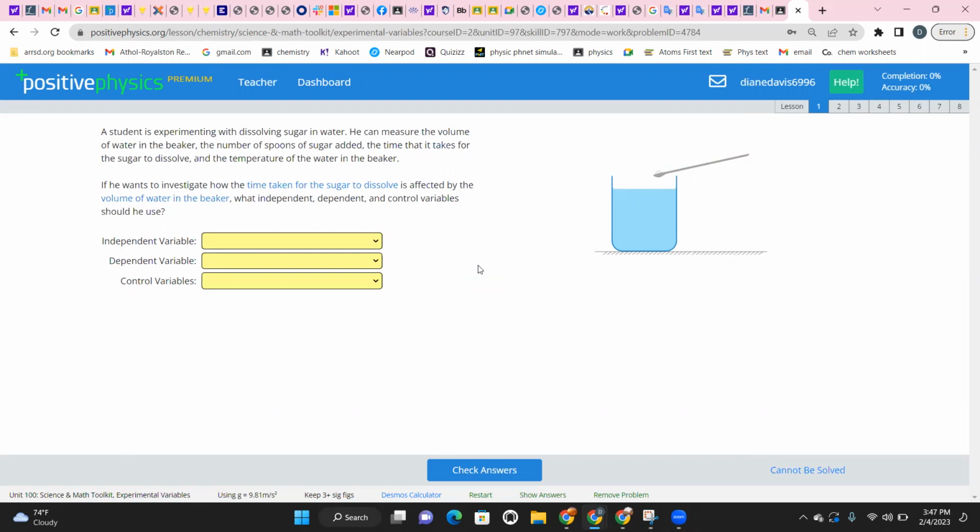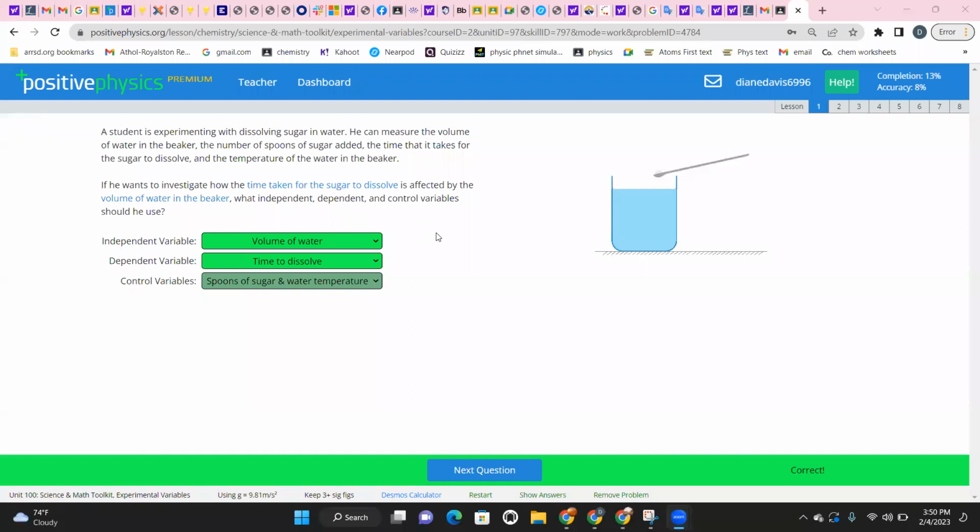So if he wants to investigate how the time taken for the sugar to dissolve, so that's the dependent variable, the amount that you want to see how it's affected, how the time for the sugar to dissolve is affected by the volume of water in the beaker.